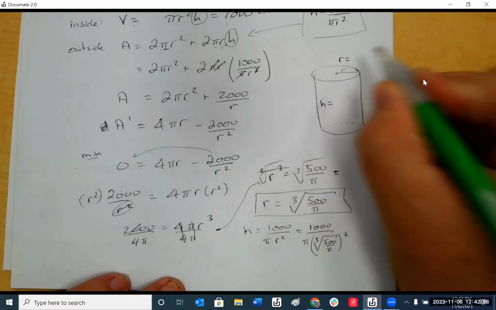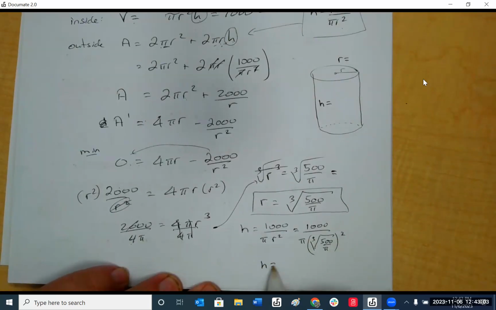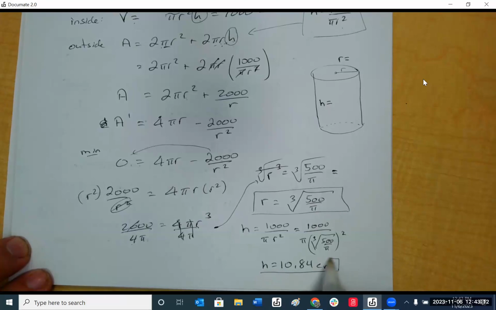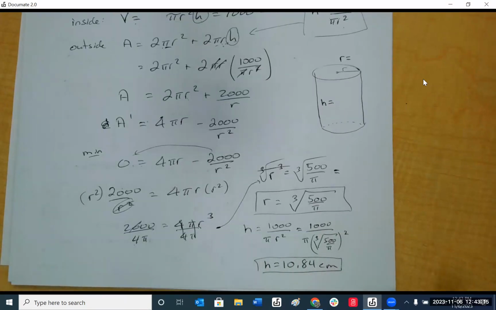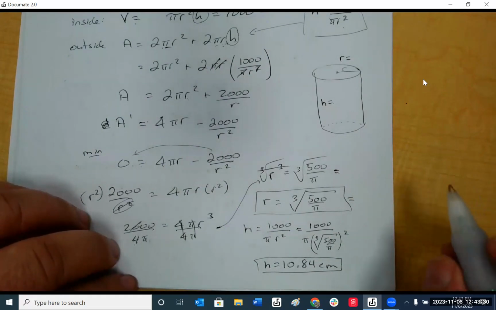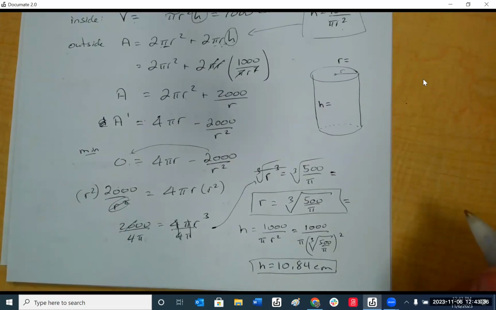Okay, well, the height down there is going to be 10.8385, so 10.84, since we're doing centimeters. And what's the radius? Oh, I messed up.